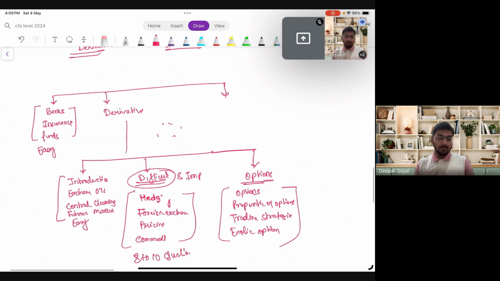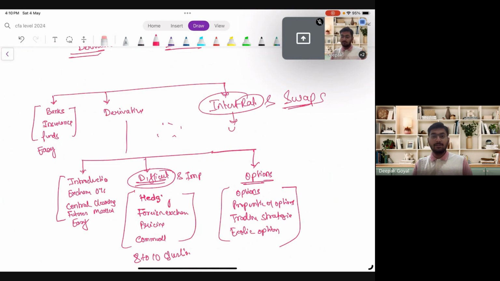And the third segment is for the interest rates. Clear? Now, over here, I usually write interest rates and swaps. Clear? Because 4 chapters are from the interest rate part and 1 chapter is from swaps.